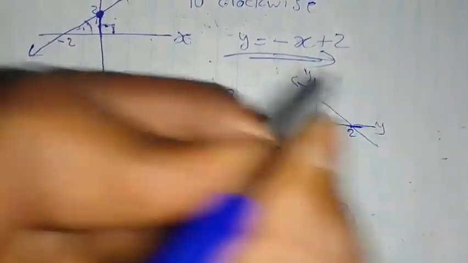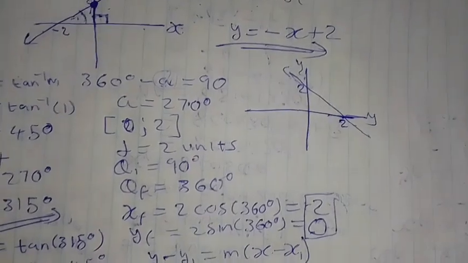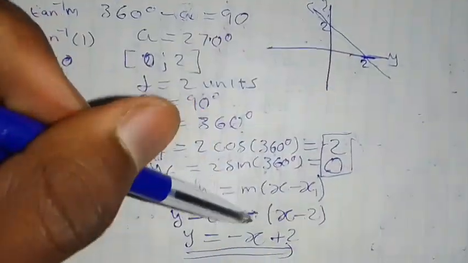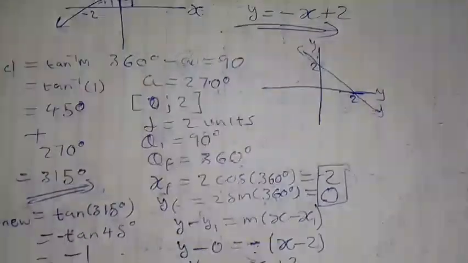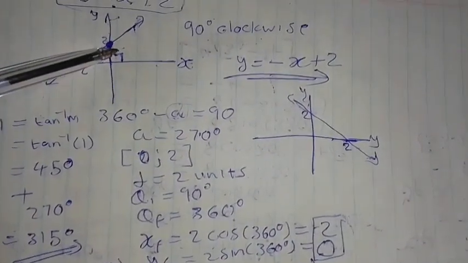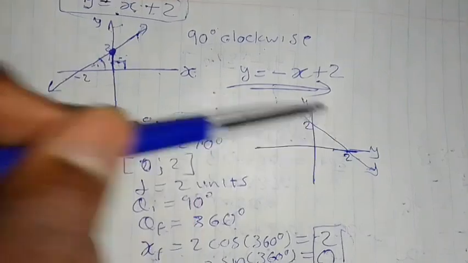So when you draw this new function, after rotating it 90 degrees clockwise, it's going to look something like this.